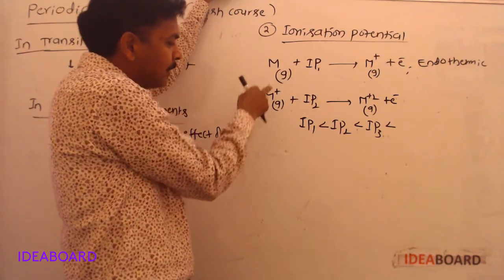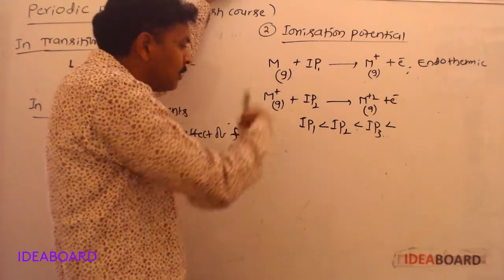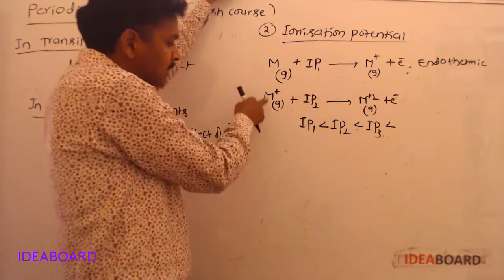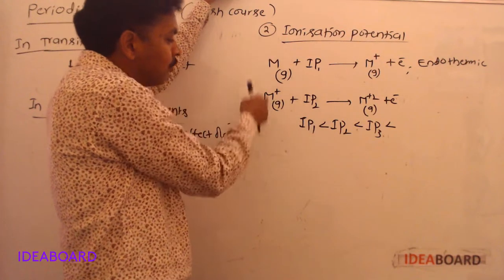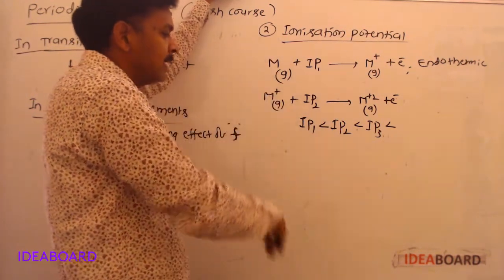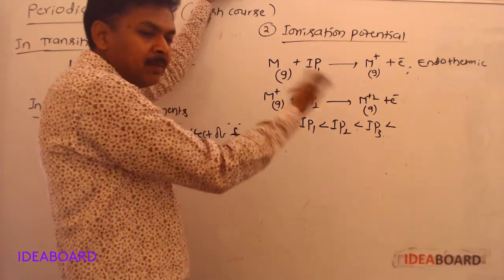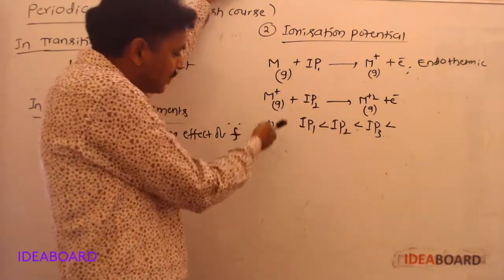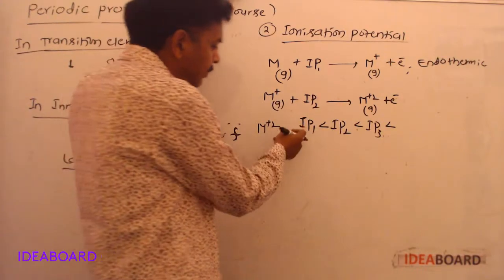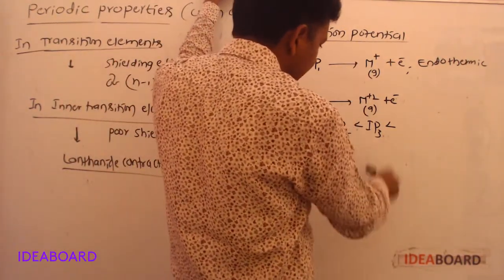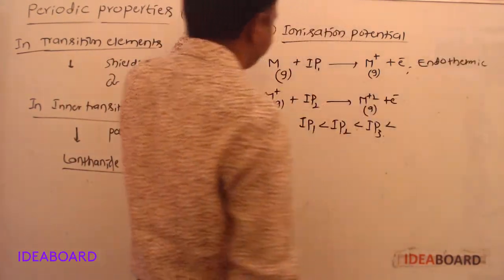In a unipositive ion, the effective nuclear charge will be more. The nucleus force of attraction on valence electrons will be more. That's why more energy will be required. For M plus 2, still more energy will be required because the effective nuclear charge will be more. That's why IP1 is less than IP2, less than IP3, and so on.